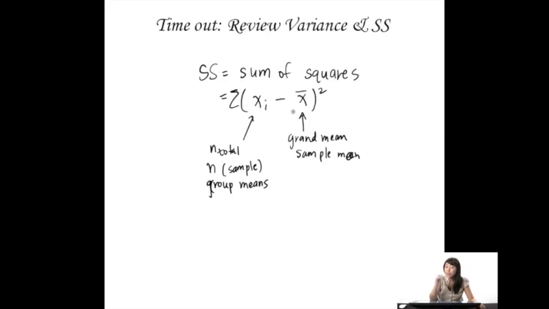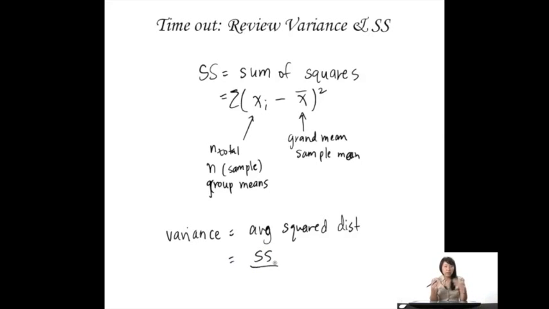Now, what's variance's relationship? Well, variance is the average squared distance. So in doing this, we always take the sum of squares and we divide by however many data points we have.